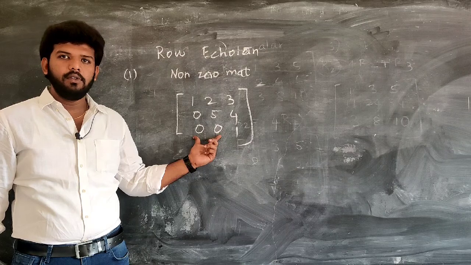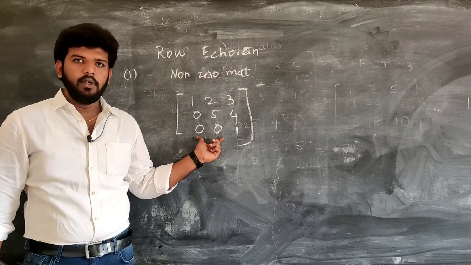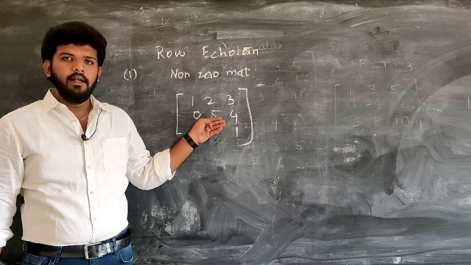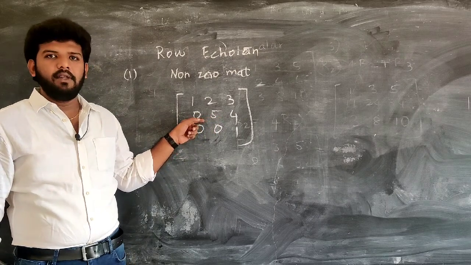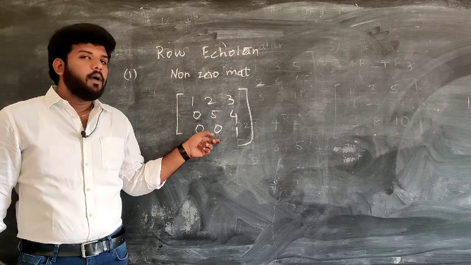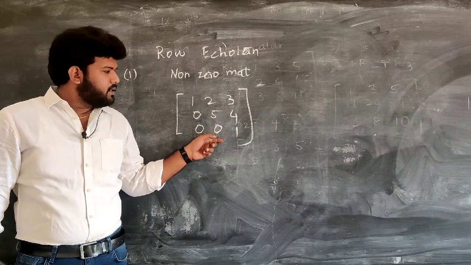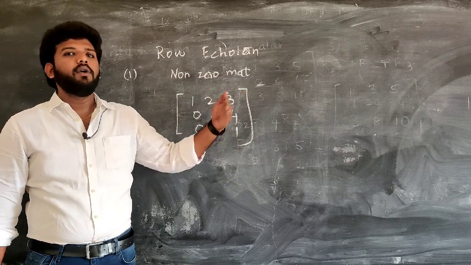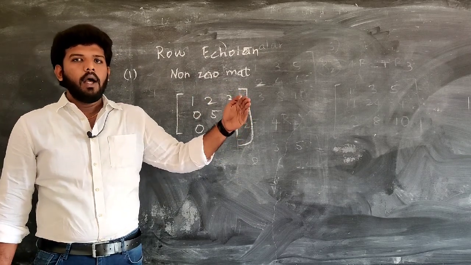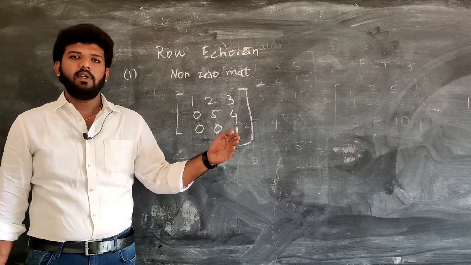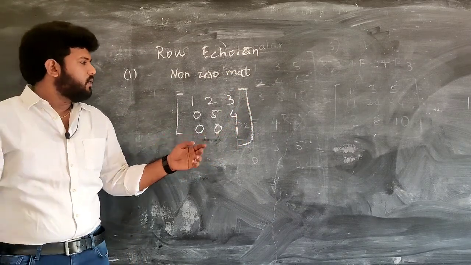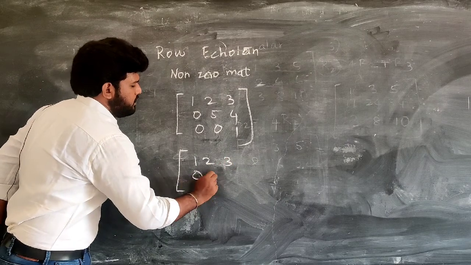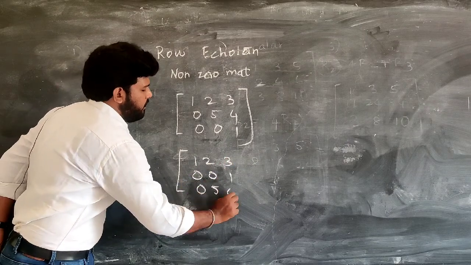There are 2 zeros. When I come to the previous row, there is only 1 zero. So if the last row has 2 or 3 zeros, the row before that should have 2, otherwise 1, otherwise 0. For example, take 1, 2, 3; 0, 0, 1; 0, 5, 4.